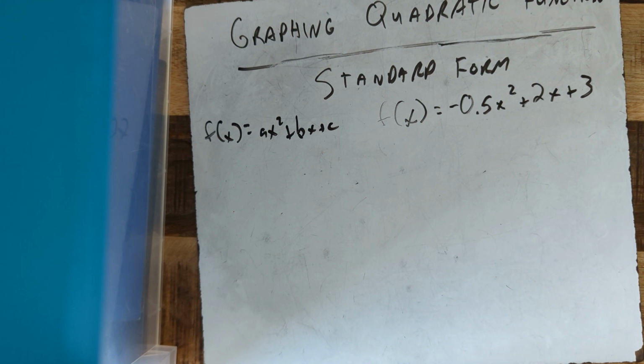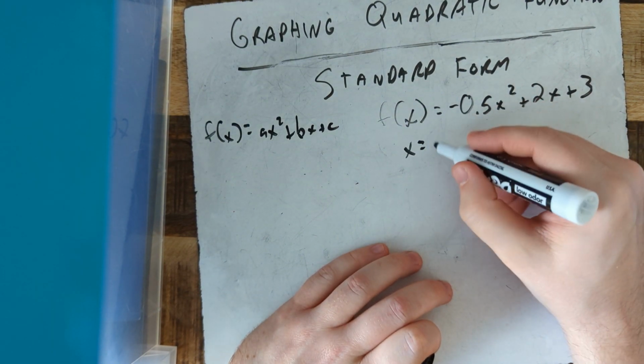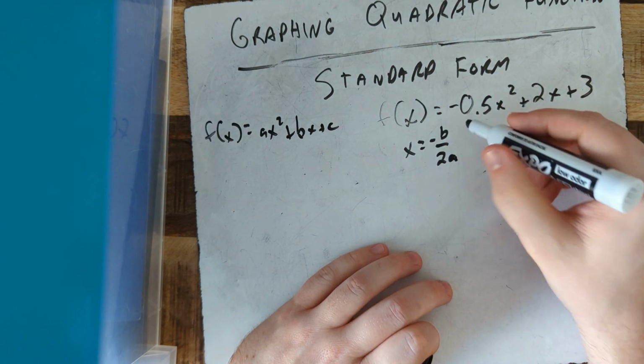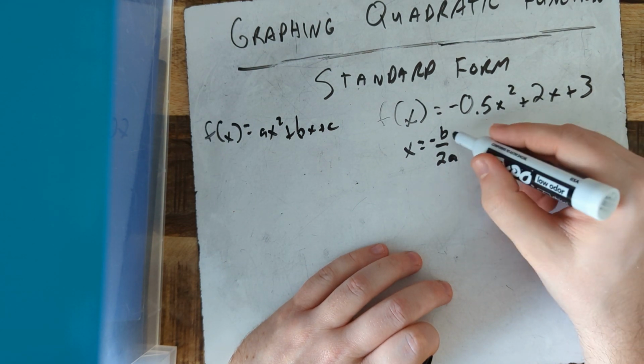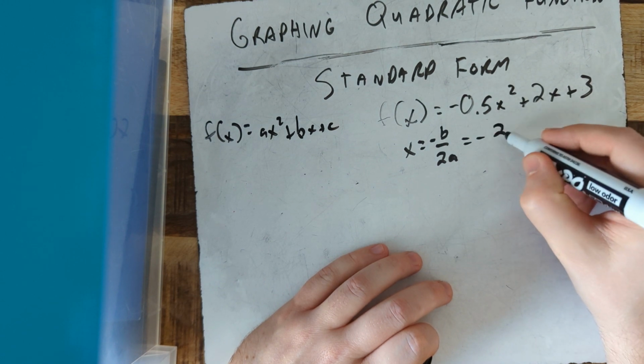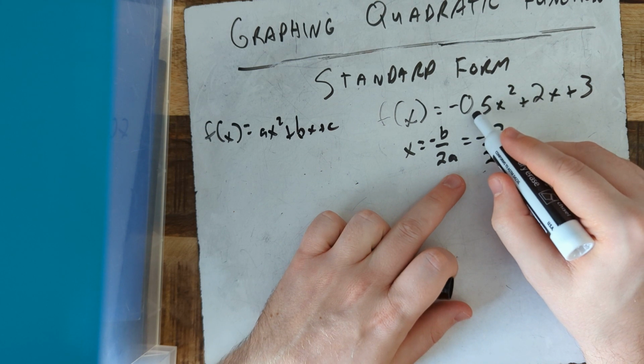So once again, we need to find our vertex first. So for our vertex, we're going to do x equals -b/2a. That's our formula. We're going to substitute our numbers here. So negative, and our b in this case is 2. So 2 on top over 2 times our a, which is -0.5.